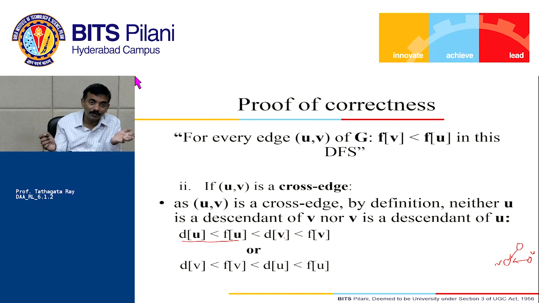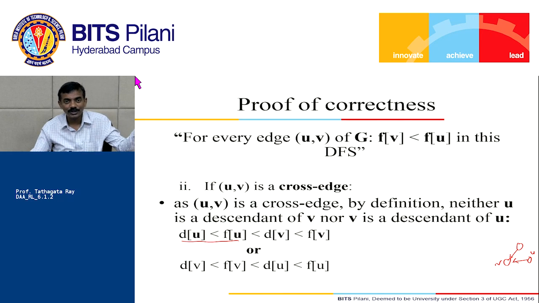If u is visited first, then it must have been finished, and only then can you go to v, because u and v do not have any ancestor-descendant relationship. So du is less than fu, which is less than dv, which is less than fv, the finish time of v, or it may be the other way around.